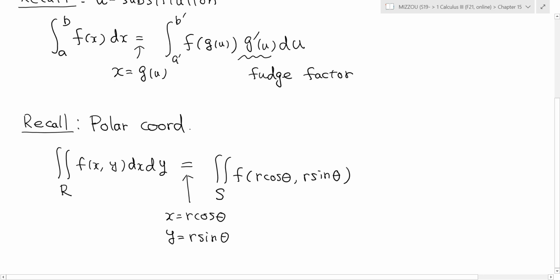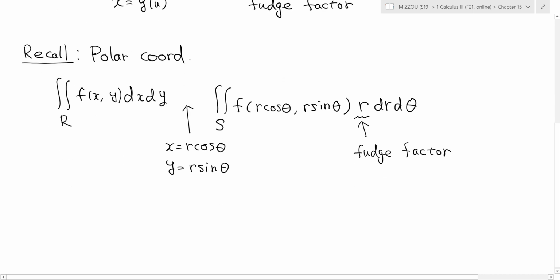The point was that dx dy is not going to be just dr d theta, but it's r times dr d theta. In this case, this r compensates the discrepancy between dx dy and dr d theta. So this little r here is the fudge factor in this case.